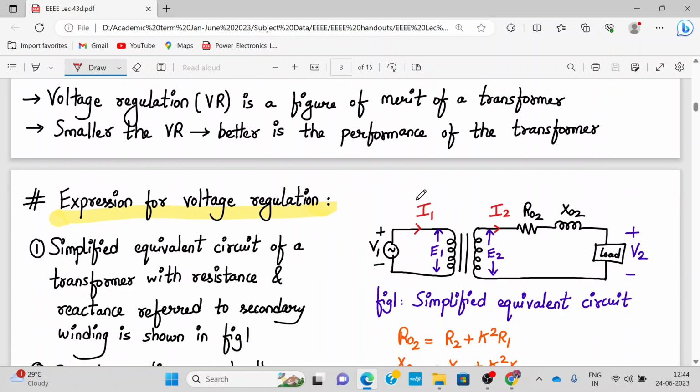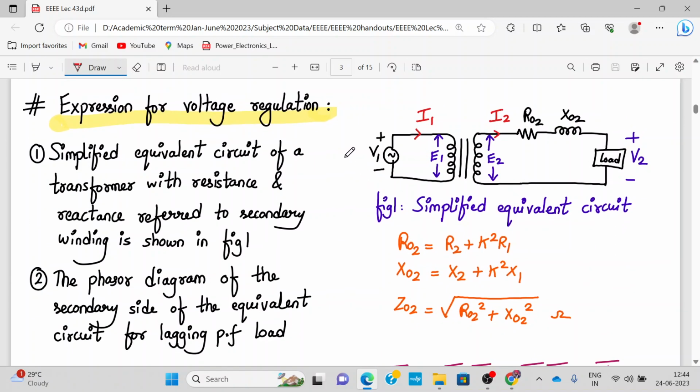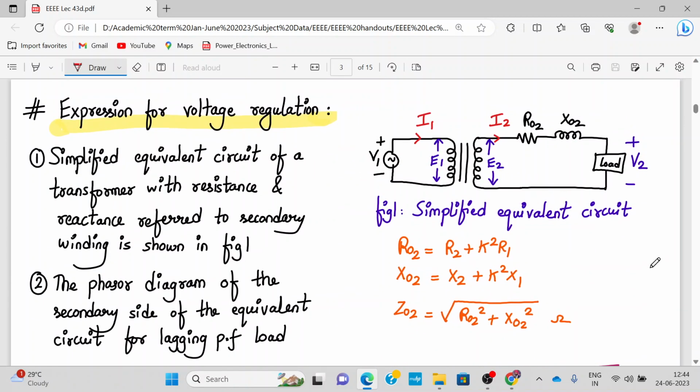Now, let us derive the expression for this voltage regulation. Let us draw the simplified equivalent circuit of a transformer. You remember in the last to last lecture we have discussed RO2 and XO2. This is the approximated, simplified equivalent circuit, where the primary side parameters have been transferred to the secondary, and the secondary side parameters are RO2, XO2 and ZO2.